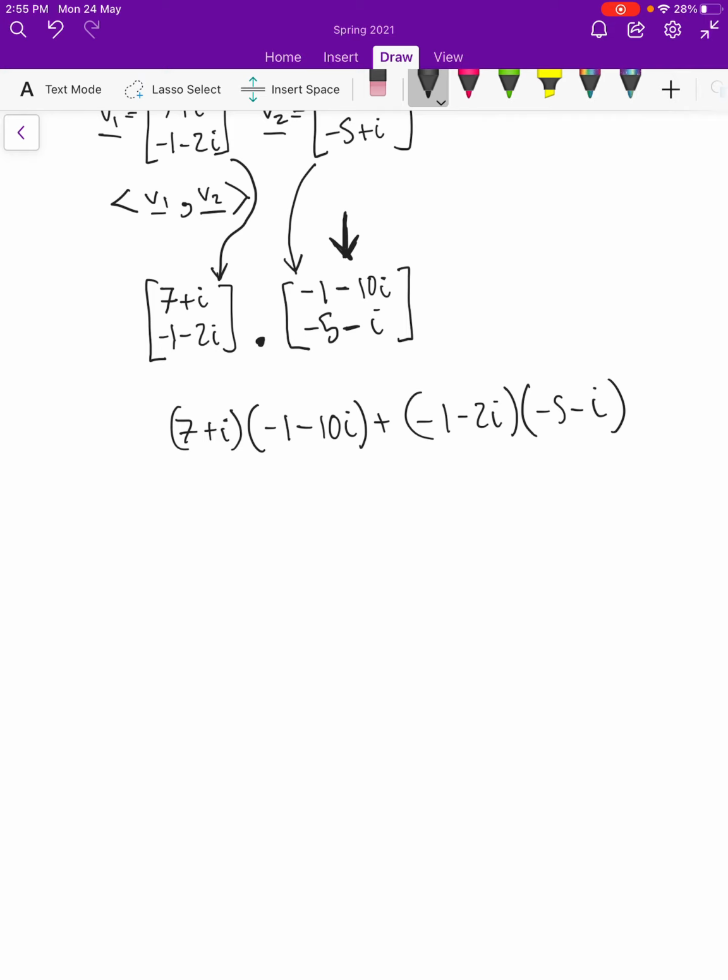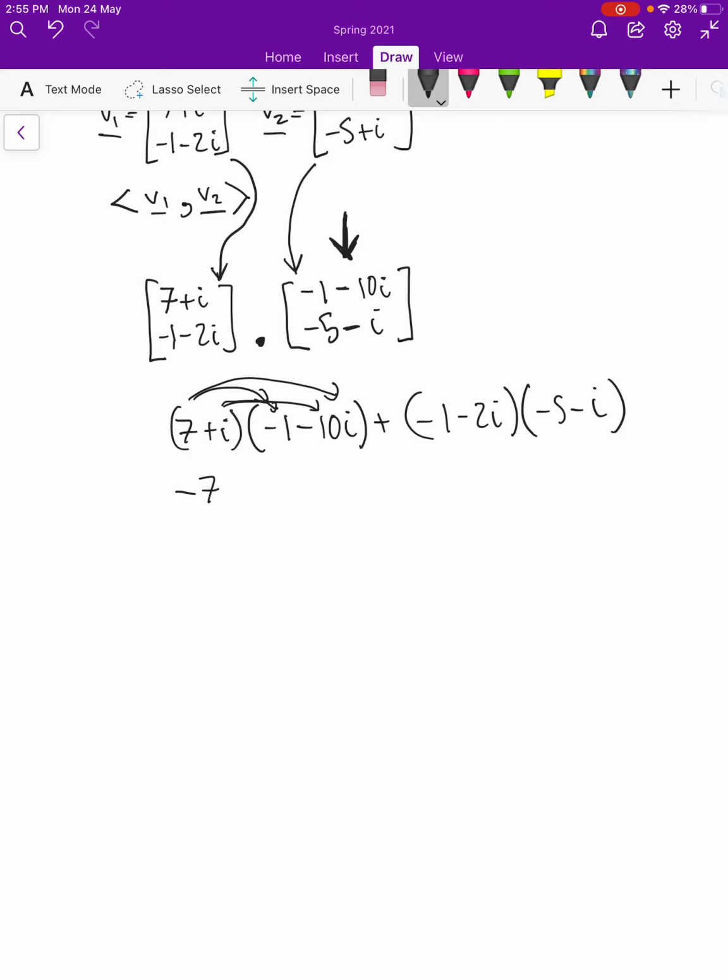Now this is simply normal complex multiplication, and if you don't remember how to do this, you can just do this normally by distributing, how you normally expand in algebra. So we can just do this quickly.